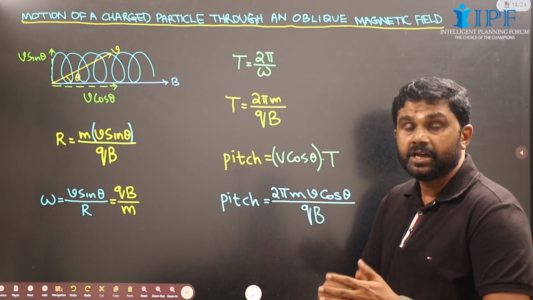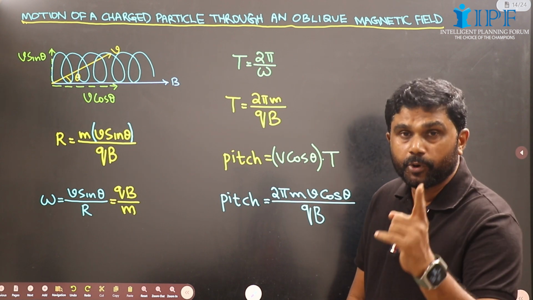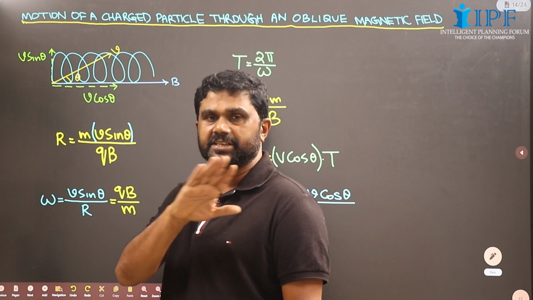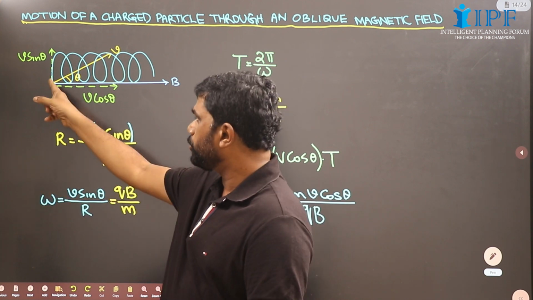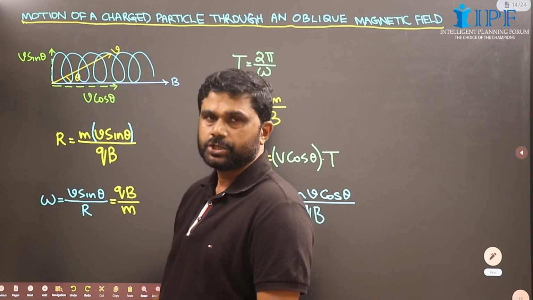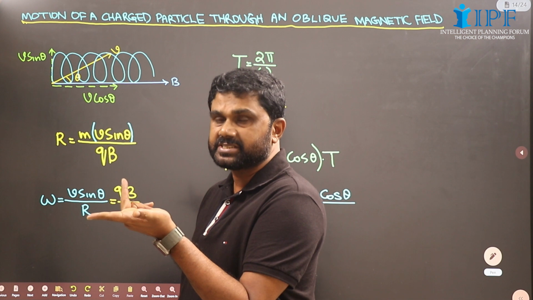Now let us find the direction of the force on the particle due to the component of velocity v sin theta. Let us consider v sin theta alone. The positively charged particle will be moving like this. Here it is upwards, so the electric current will be in the upward direction. I have to apply Fleming's left hand rule.